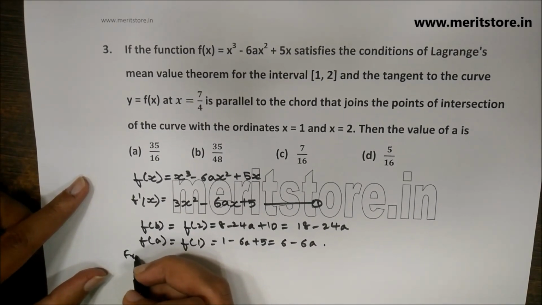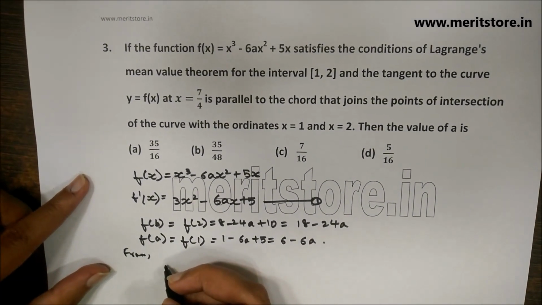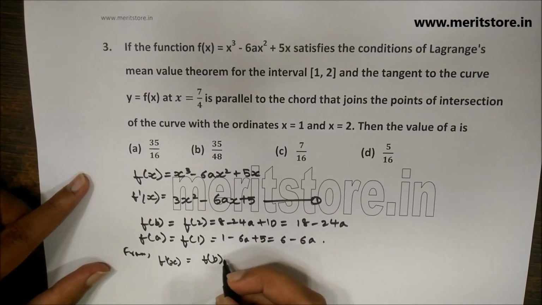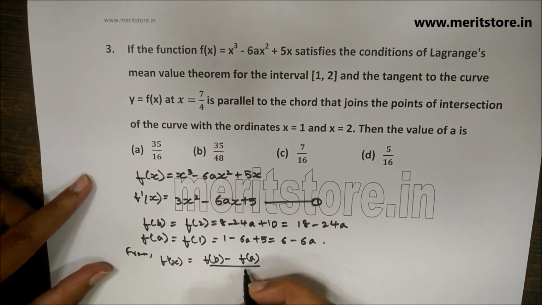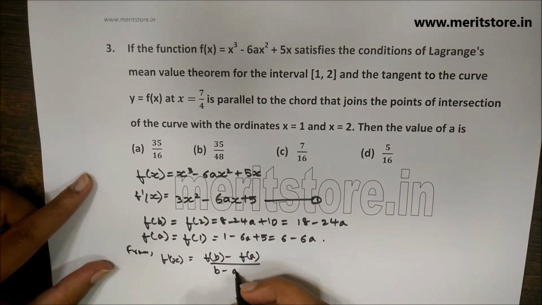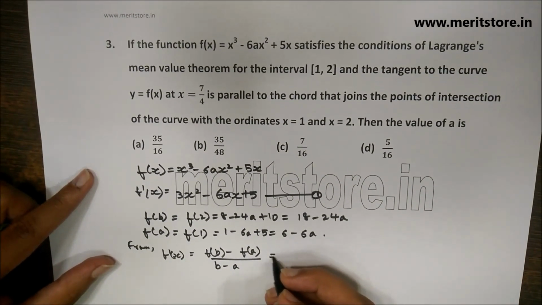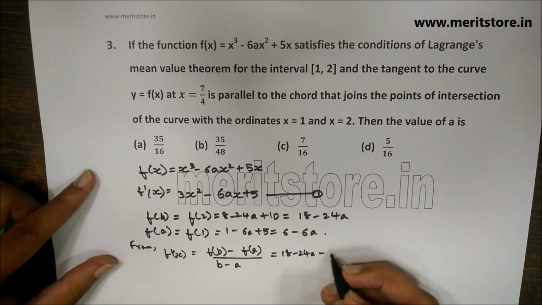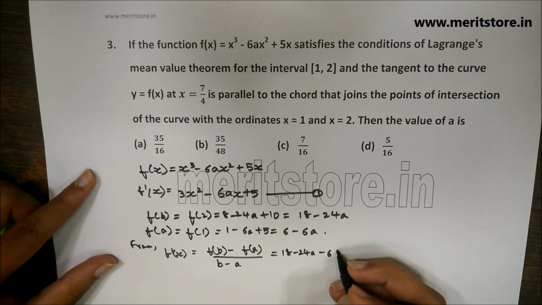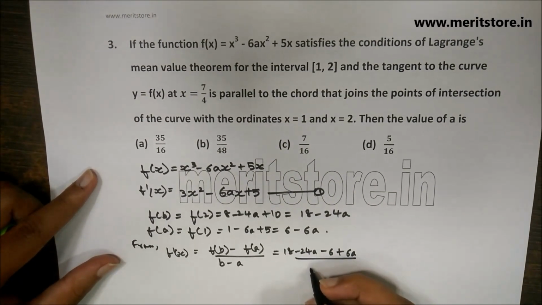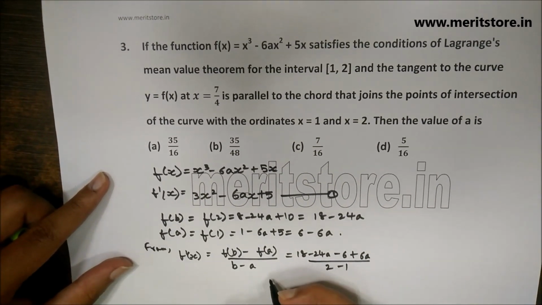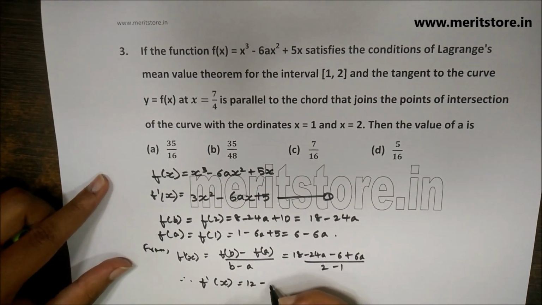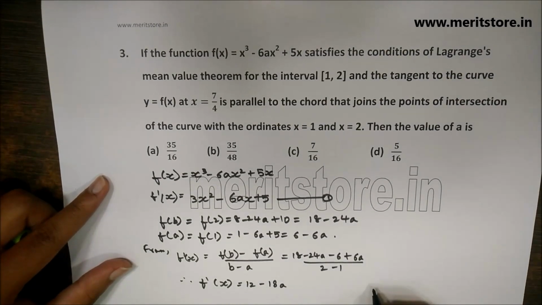From Lagrange's mean value theorem, we get f dash x is equal to f of b minus f of a upon b minus a. Substituting the values of f of b and f of a, (18 minus 24a minus 6 plus 6a) upon (2 minus 1). Therefore, f dash x is equal to 12 minus 18a.